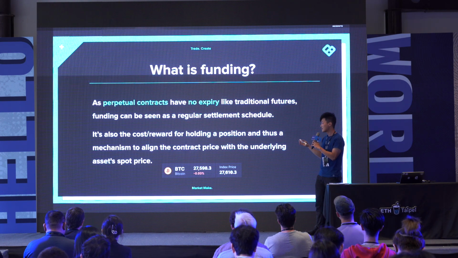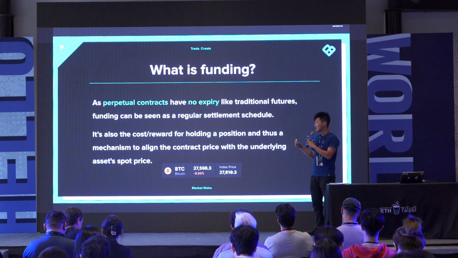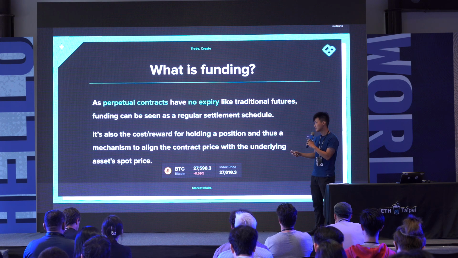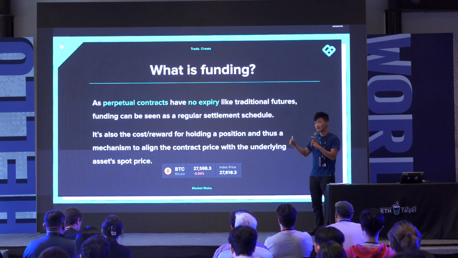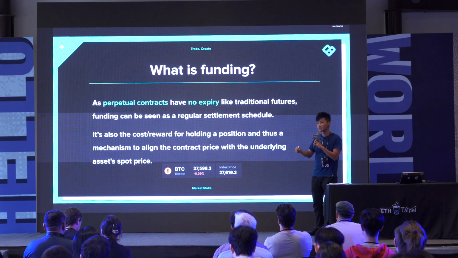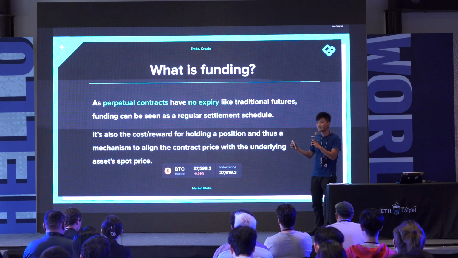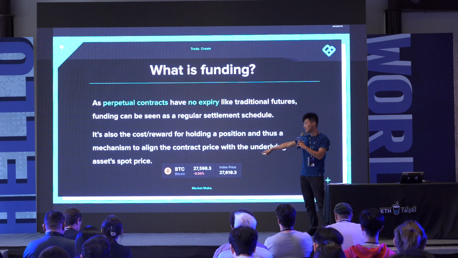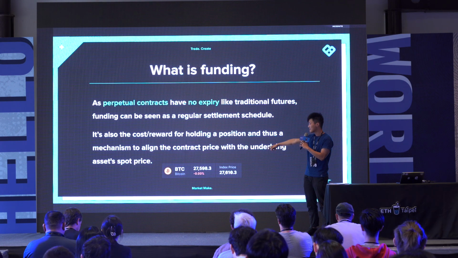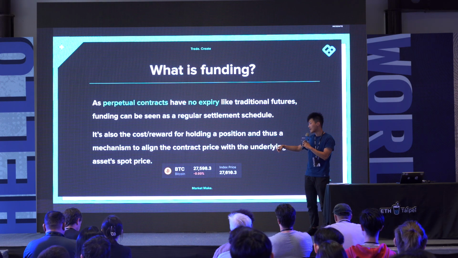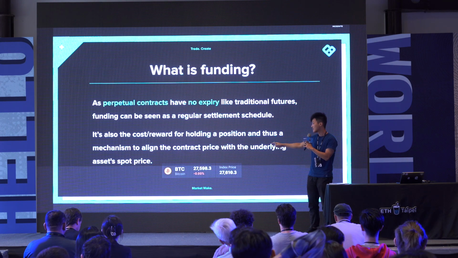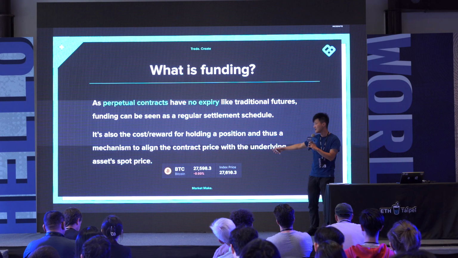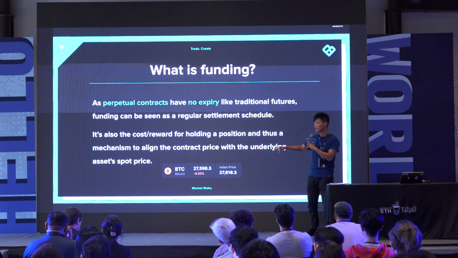And also, therefore, it has the mechanism to align the two prices on a derivative exchange, which are the perpetual price, the price that users are trading on these perpetual exchanges, and also the underlying asset's price. So for example, this is a screenshot from our exchange, where the BTC perpetual market has 2 prices. The first one is the real-time price that is traded by users on our Perpetual Protocol V2.